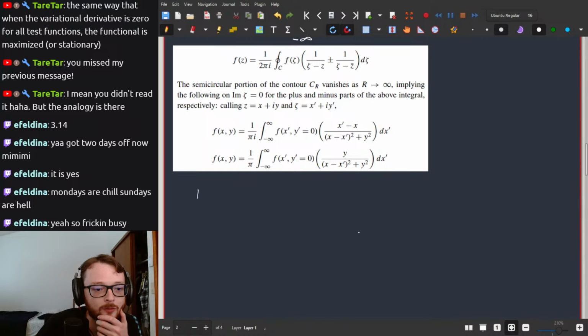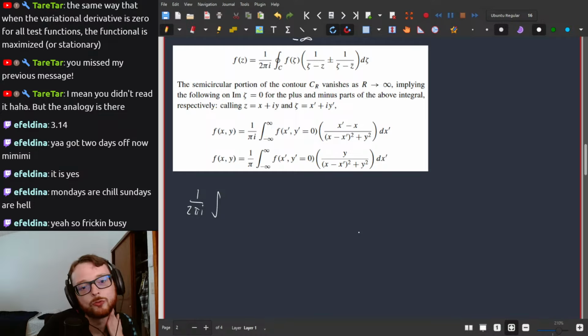Okay, so 1 over 2 pi i. Now when we do the substitution, oh, okay. So the contour changes to just a regular integral on the x-axis because the arc disappears.